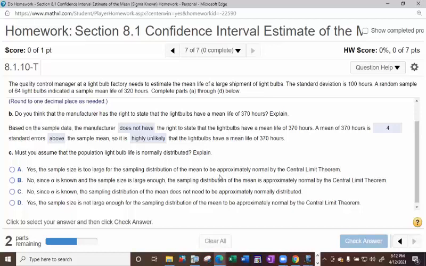So let's see. Must you assume it's normally distributed? This is confusing. The sample size is not large enough. It is large enough.